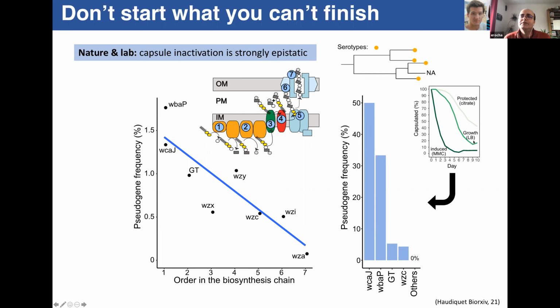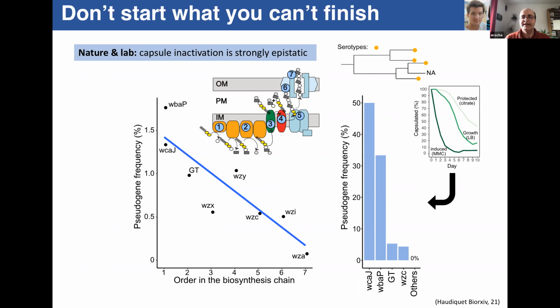So we took this experiment where the capsule is lost, sequenced the clones and tried to see which genes were lost and led to the phenotypic change we observed, which is the loss of the capsule. And as in the population genetic data, we observe a very strong overrepresentation of inactivation of the genes that are very early in the biosynthetic pathway.